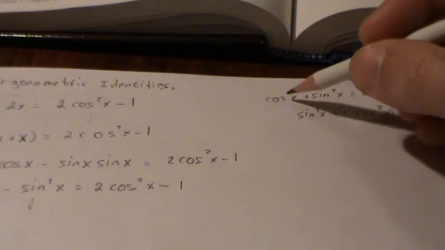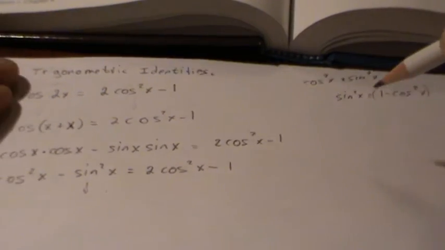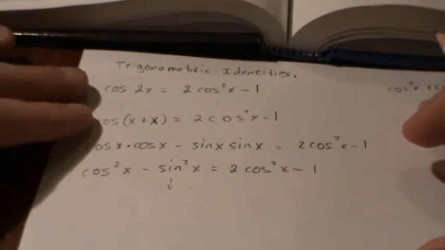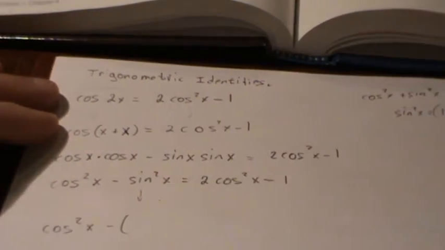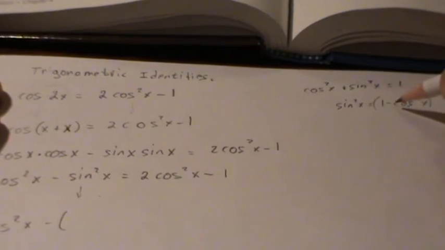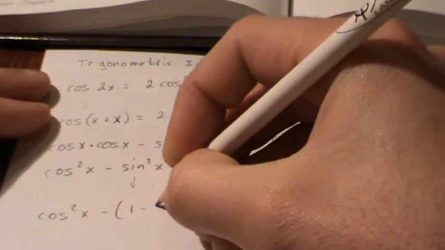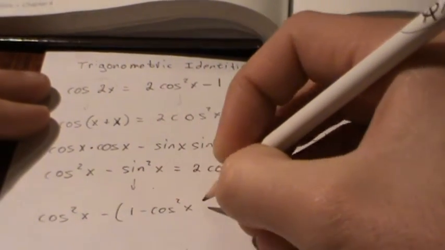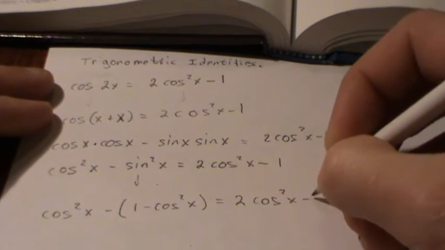Okay, so now I'm going to get rid of this sine squared x. So I've got cosine squared x minus, I just told you that sine squared x is equal to 1 minus cosine squared x, so I'm going to write 1 minus cosine squared x is equal to 2 cosine squared x minus 1.